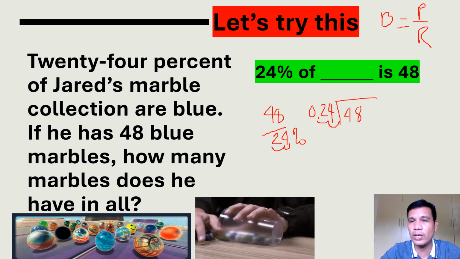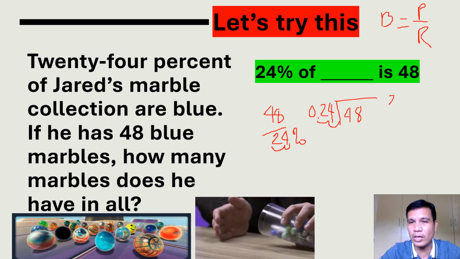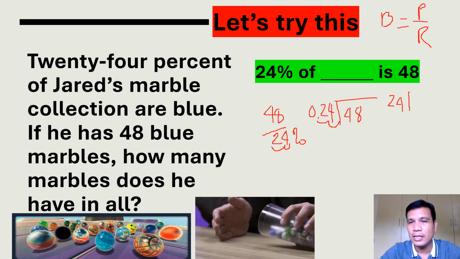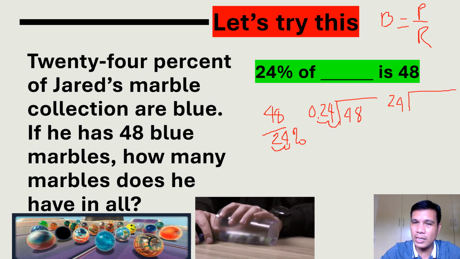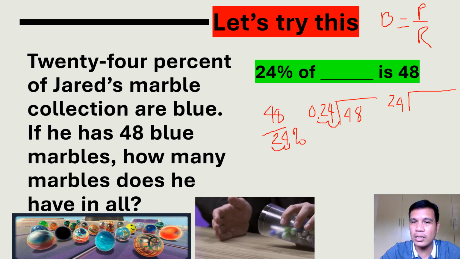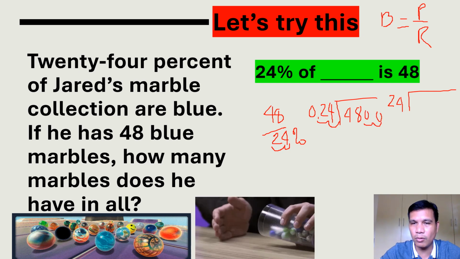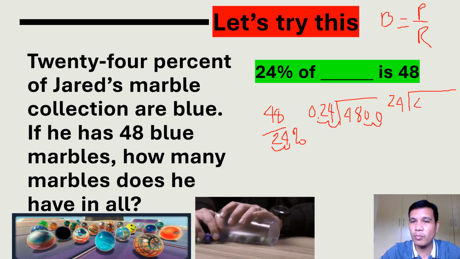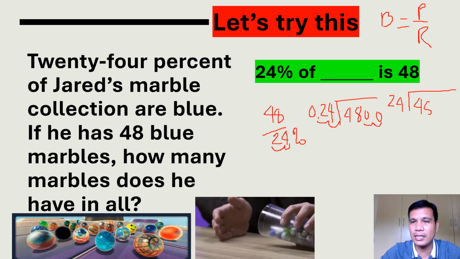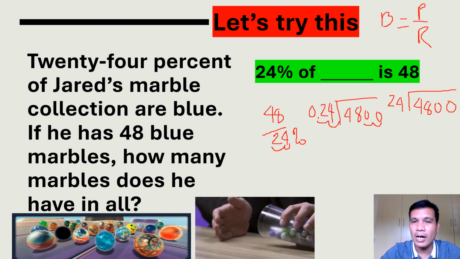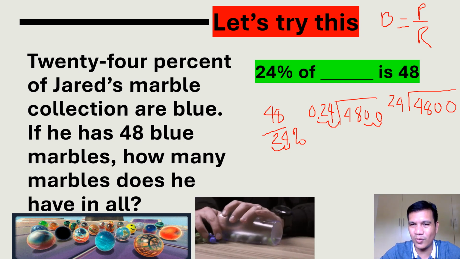It will become 24. Baka malito ha, 24. At yung 48 natin, nag-move tayo ng dalawa dito. So, mag-move tayo dito rin ng dalawa. 1, 2. So, mag-add tayo ng dalawang 0. Yung 48 magiging 4,800. At yung ating 24 hundredths magiging 24 lang.